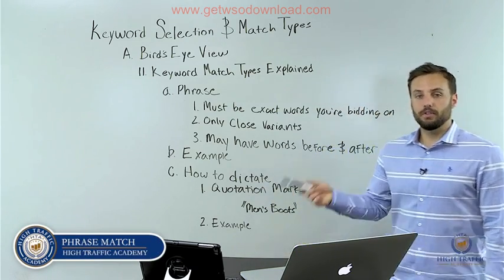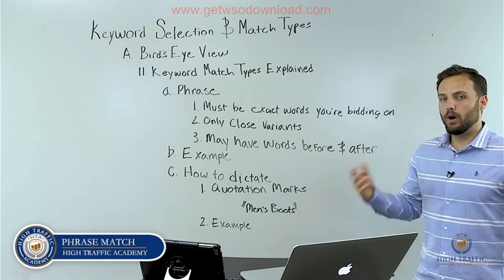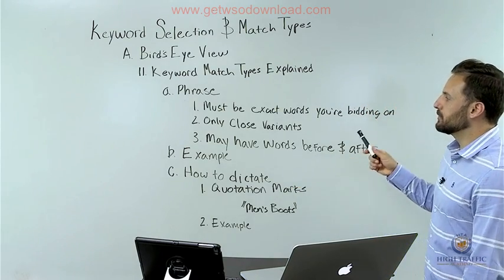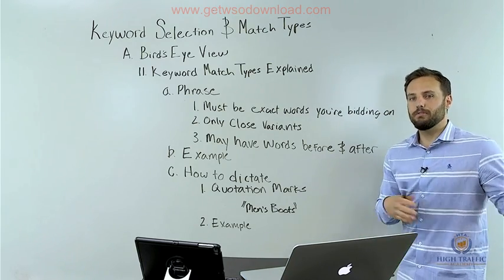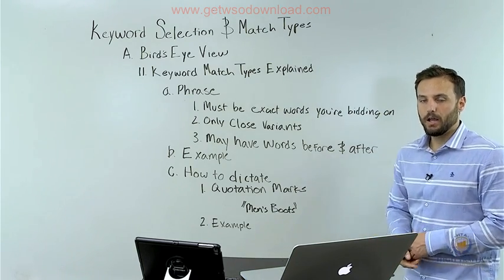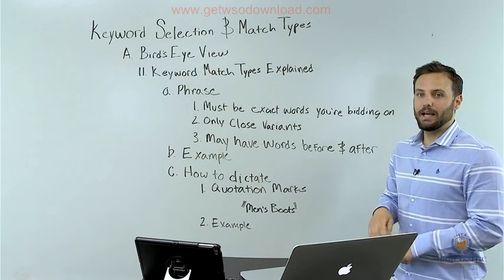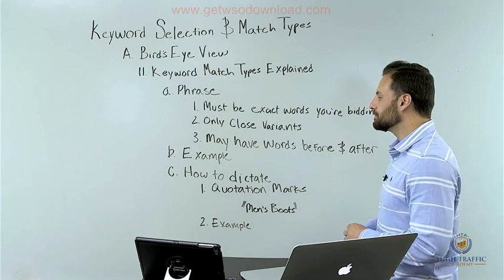If the user searches for I want to buy men's boots, then your ad would also trigger. So that's the prime differentiator between a phrase match and an exact match: a user can tack on words before or after the phrase you're targeting, and your ad will trigger. Whereas in an exact match, it cannot have any additional words before or after it for your ad to trigger.